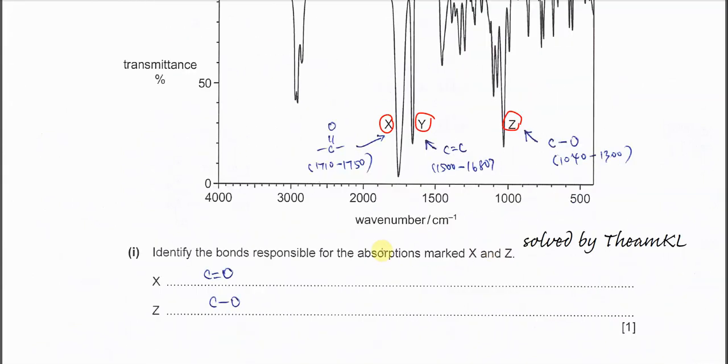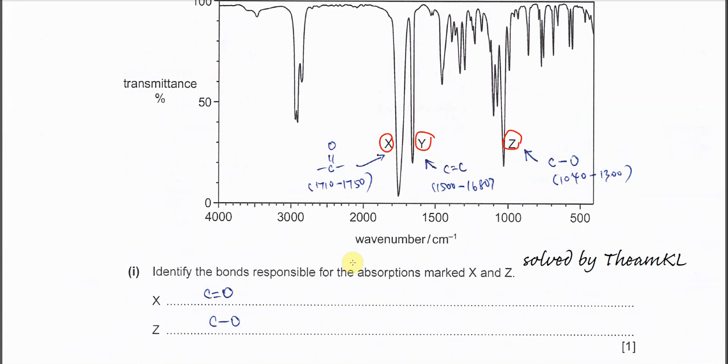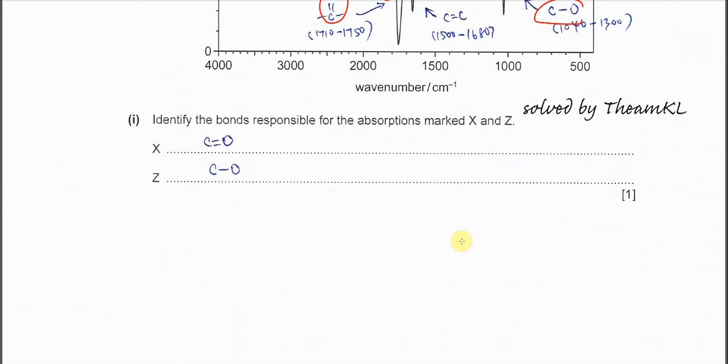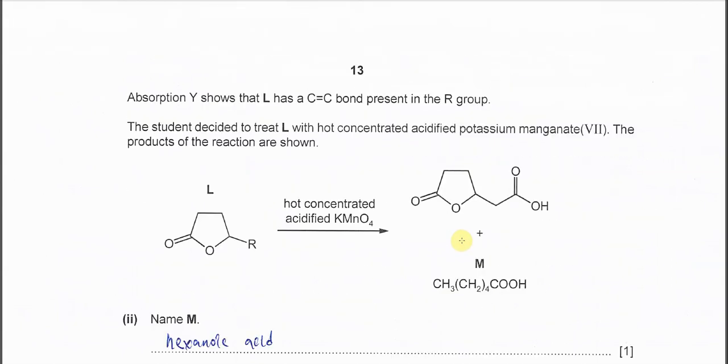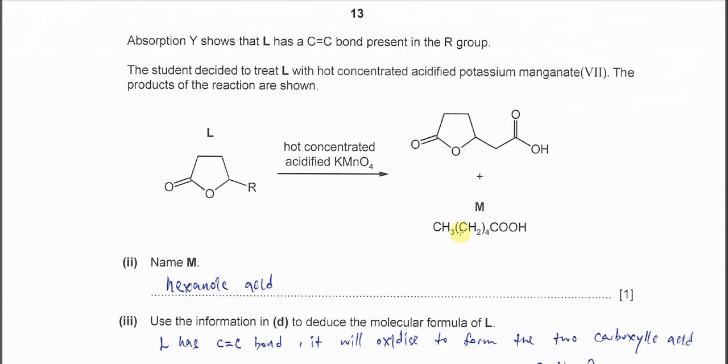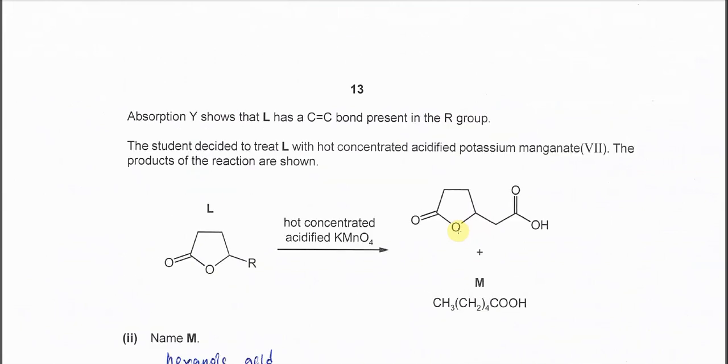Okay, identify the bond responsible for absorption X and Z. Very easy. I already told you, X is carbonyl. Z is C-O bond.